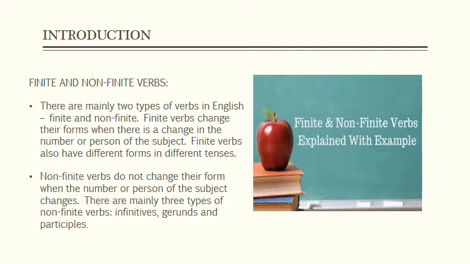On the other hand, non-finite verbs do not change their form when the number or person of the subject changes. There are mainly three types of non-finite verbs: infinitives, gerunds, and participles, and we are going to discuss all three types as well as finite verbs.